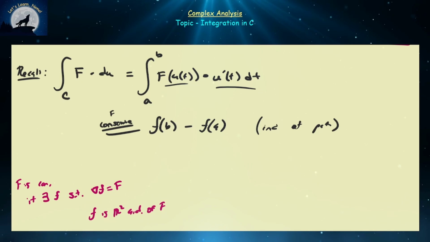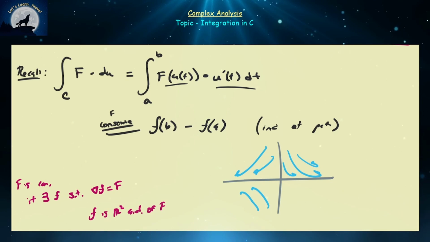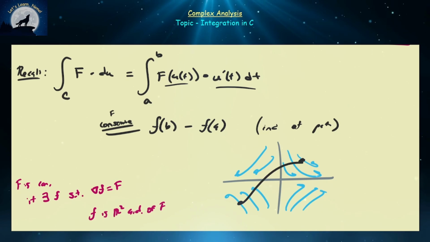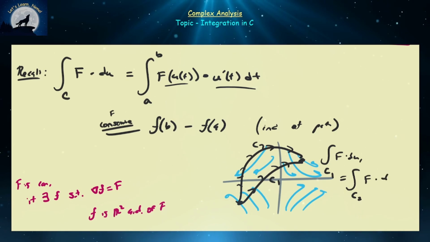And let me just draw a little picture in case you don't remember what's so special about this. If we have some conservative vector field, and if you remember anything about the curl of a vector field, if the curl is equal to 0, then we have a conservative vector field. And if we have some path, say here to here, we can integrate along that path C1, integrate along that path C2, and as long as the endpoints match, then the line integral over C1 of F times du1 will be equal to the integral across C2 of F and du2, where u1 and u2 are the corresponding parametrizations of C1 and C2 respectively.